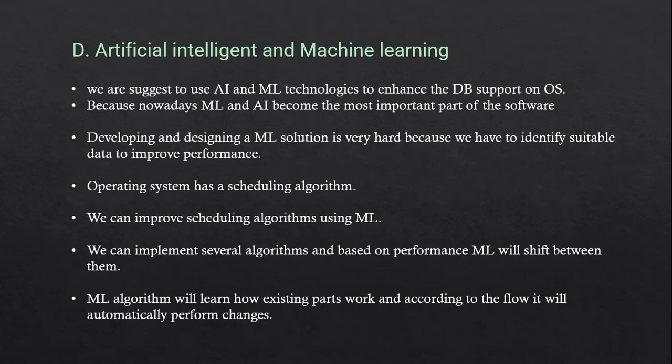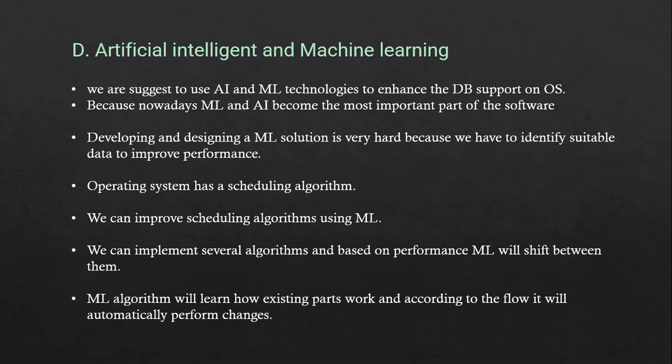Finally, we suggest using artificial intelligence practices. Artificial intelligence is a very important part of today's software. We can use those practices to improve the performance of databases in operating systems.